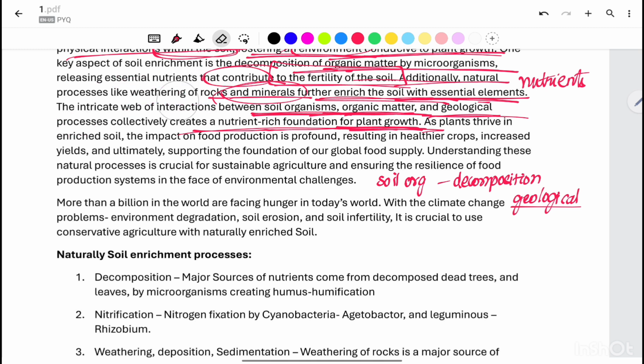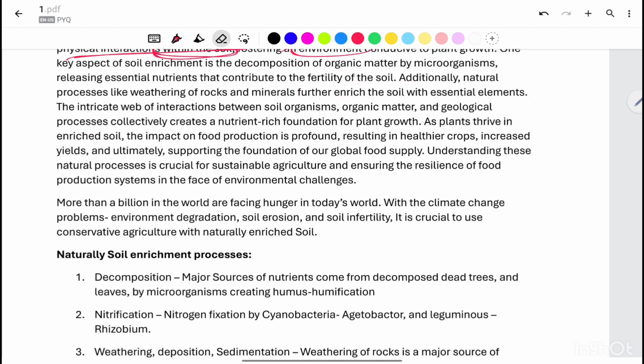Why does the soil need to be nutritious? Because this nutrient enrichment of the soil is needed for plant growth. Everything is done for plant growth.